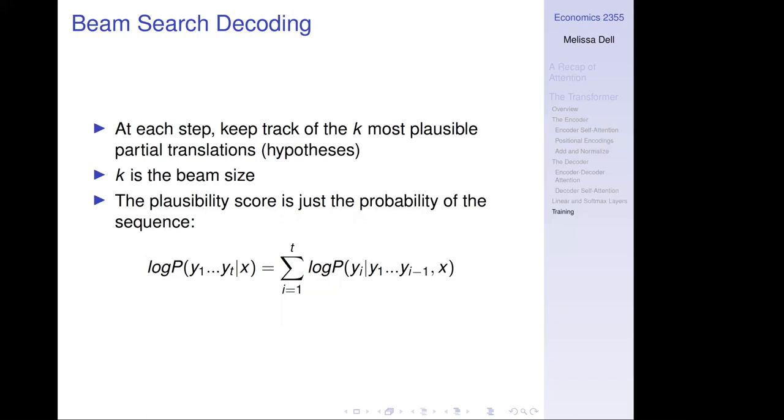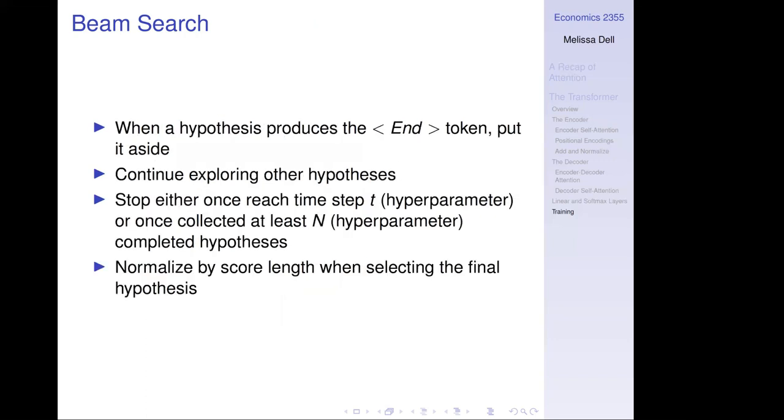The plausibility score is just the probability of that sequence, which you get from the softmax outputs. When a hypothesis produces the end token, you put it aside and keep exploring other hypotheses until either you reach a given time step, or you've collected at least n completed hypotheses. You normalize the score by the length and then select the final hypothesis that is the most probable. And then you would compute your cross entropy loss.